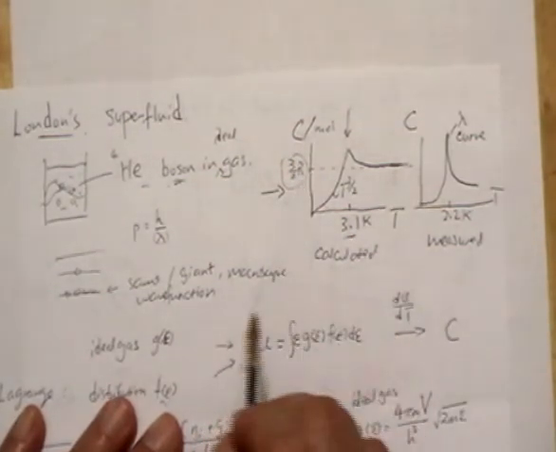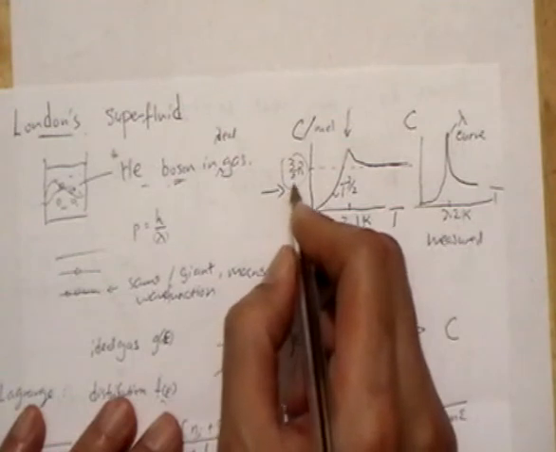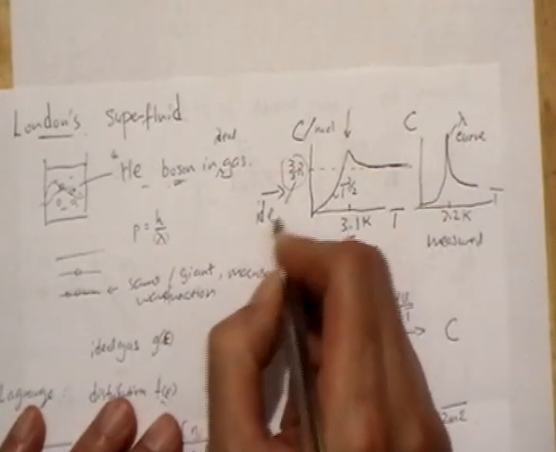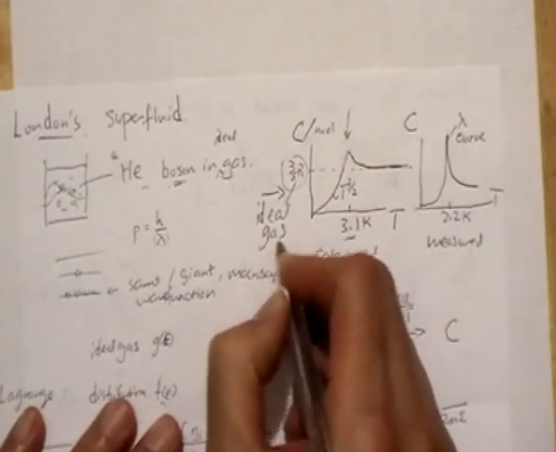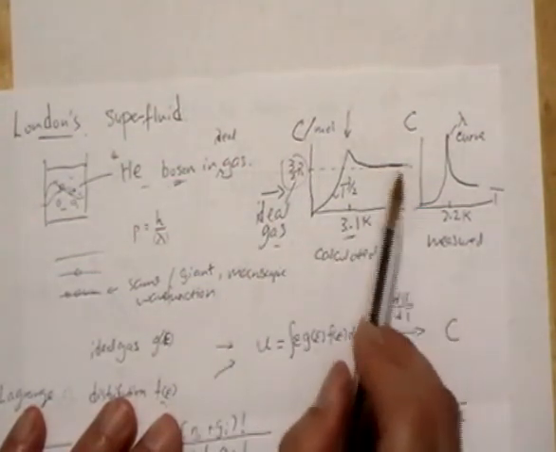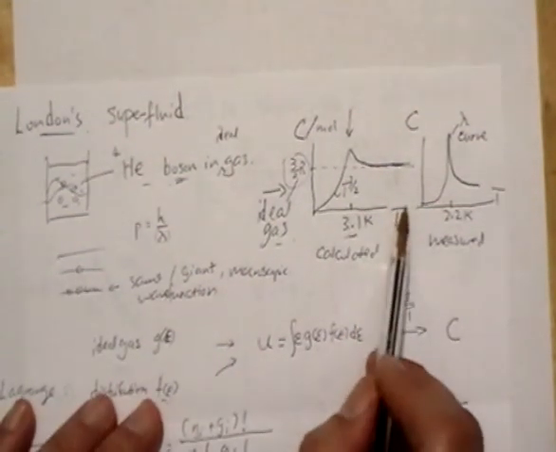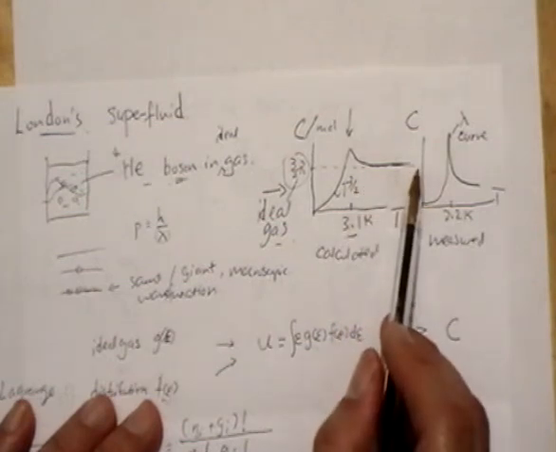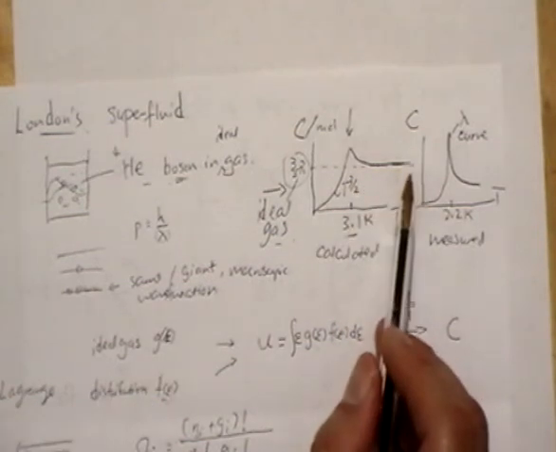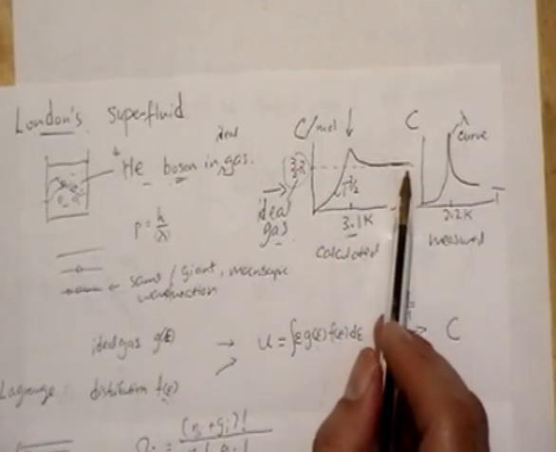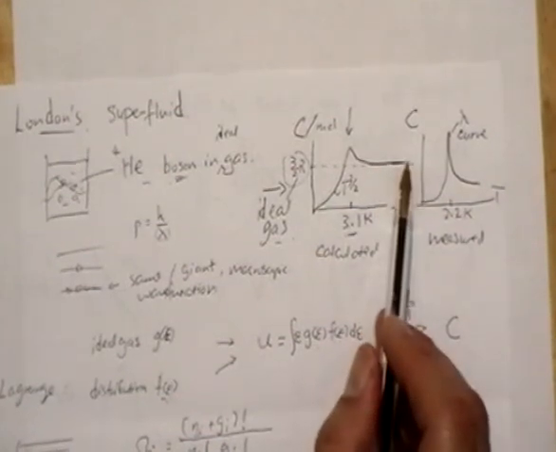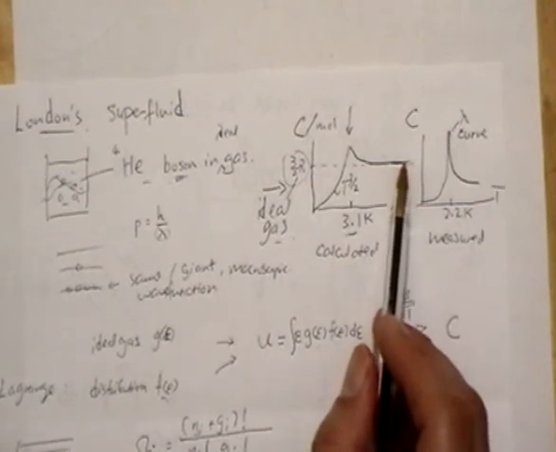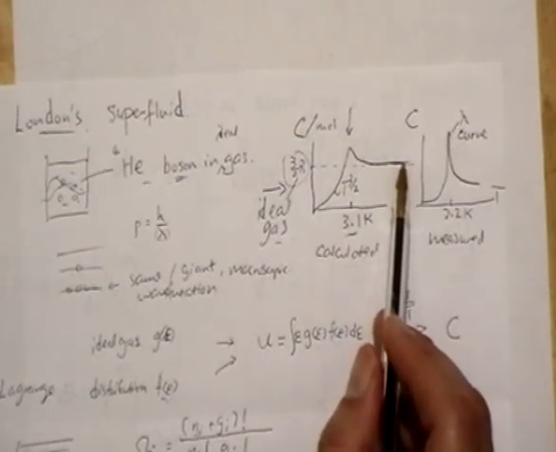And 3/2 R is in fact the ideal gas heat capacity, if you remember. And the reason is quite simple. At very high temperature, the particles have a lot more energy, and the average energy will be a lot higher than the spacings between energy levels.